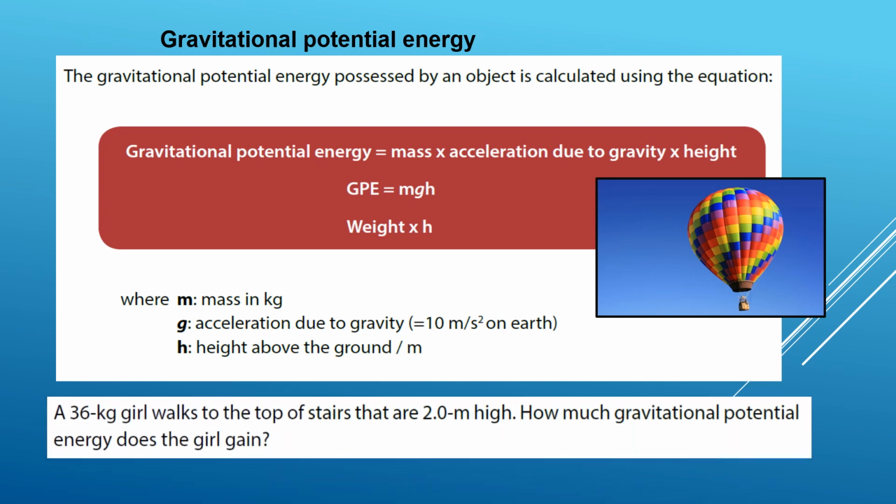Now consider the example given below. A 36 kilogram girl walks to the top of stairs that are 2.0 meters high. How much gravitational potential energy does the girl gain?